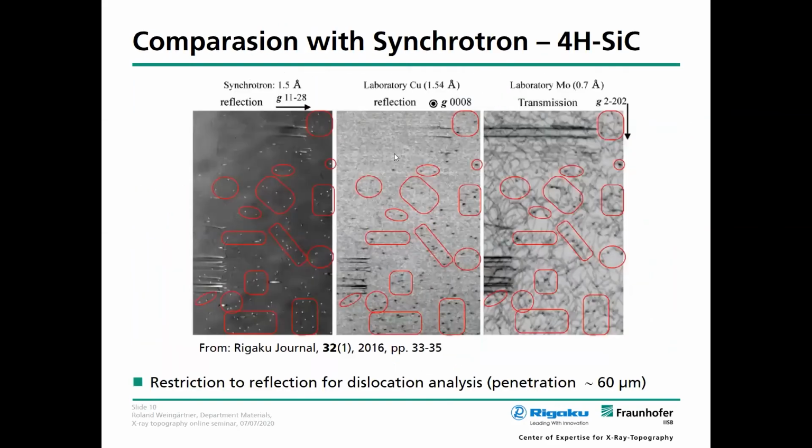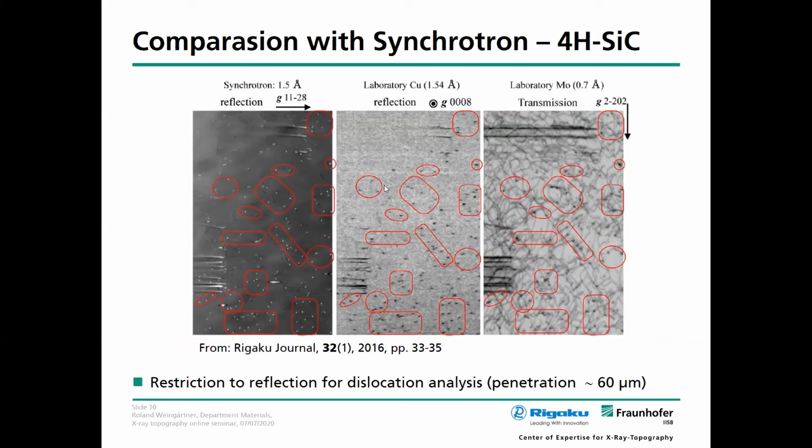Here I would like to show you that we are competitive with the synchrotron in a lot of applications. Here is an example again, silicon carbide. On the left-hand side, you see an asymmetric reflection measurement, the 1,1,-2,8 reflex, done at a synchrotron. Marked with these red areas, you can see it identifies some defects.